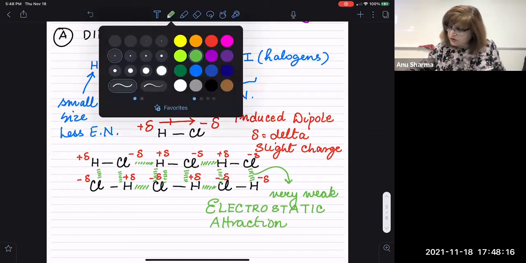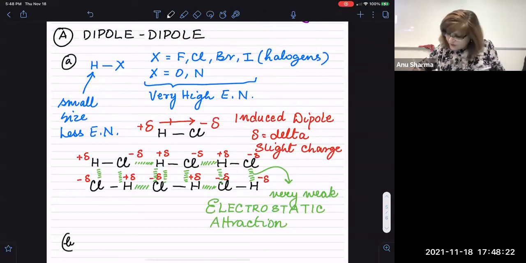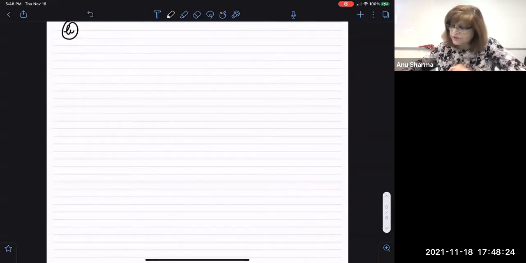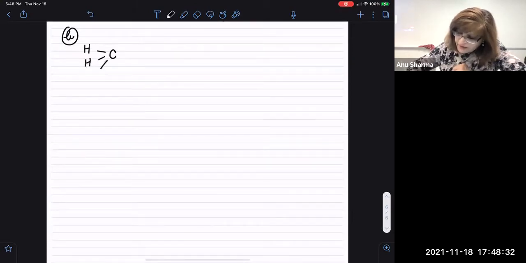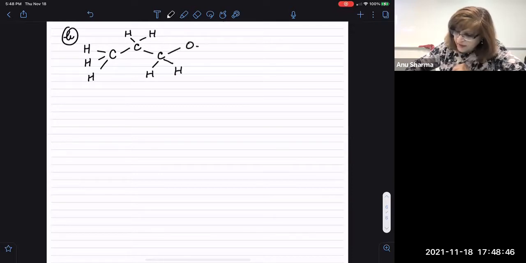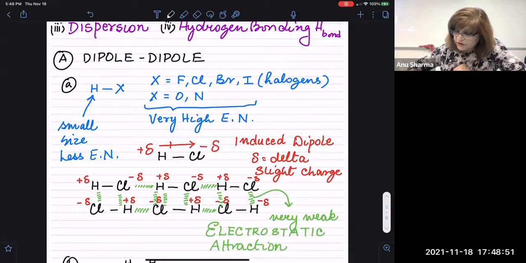Now, dipole is not just limited to these small atoms. This is one example. Dipole also exists in these type of molecules. Like, for example, here, you have carbon, you have these hydrogens on one side, and you have this carbon, and this hydrogen, and you have this oxygen, and this hydrogen. Remember, for the dipole, hydrogen has to attach to a more electronegative atom.